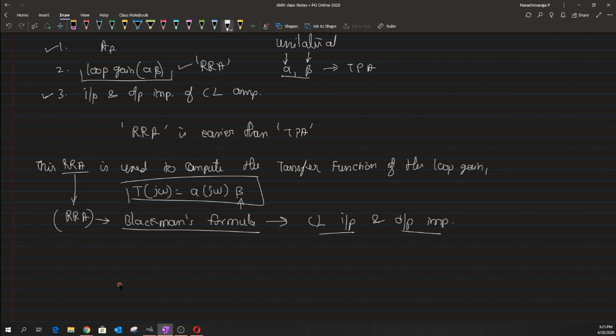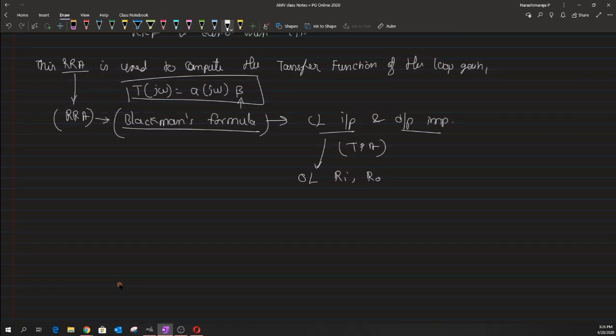We will not cover Blackman's formula in our course, but I'll just tell you the essence of it. While computing the closed loop input and output impedances using this TPA analysis, we first computed the open loop input impedance as well as the output impedance, and later we used this amount of feedback, and we just multiplied or divided these impedance values based on the type of connection that we had.